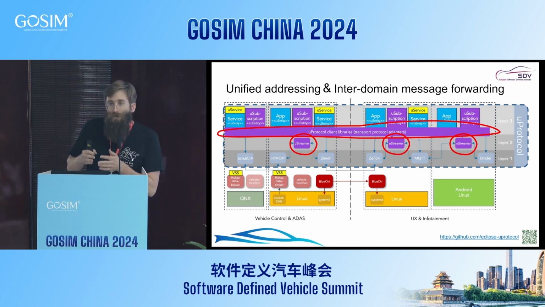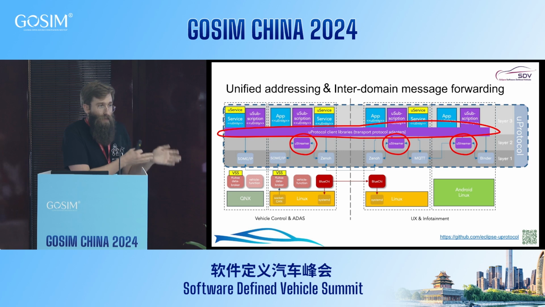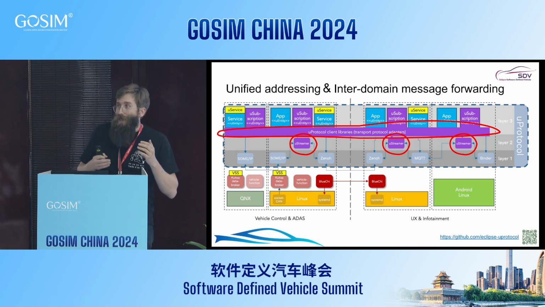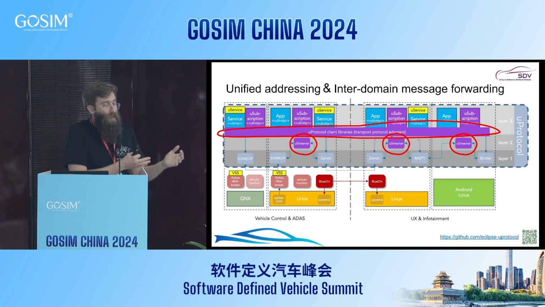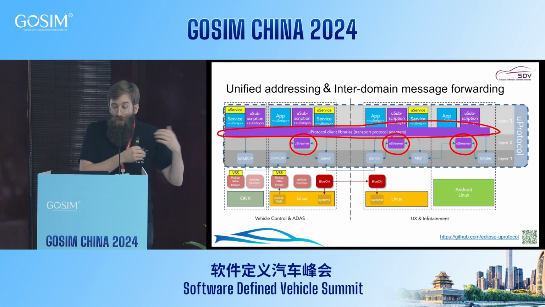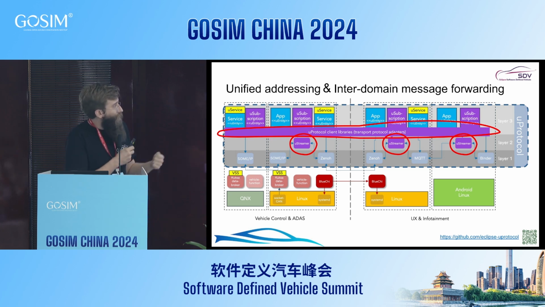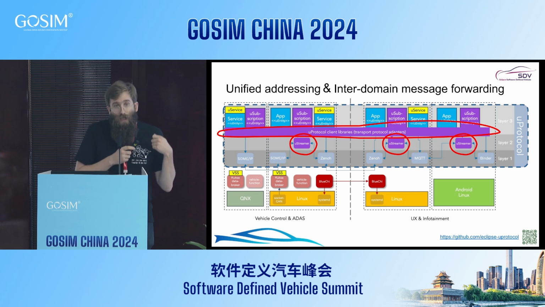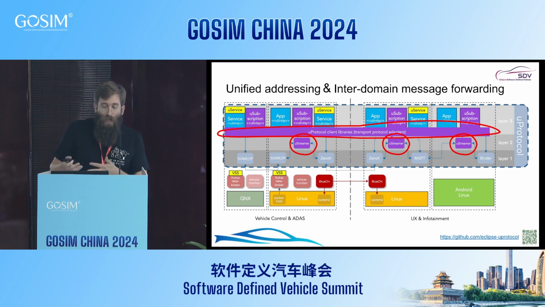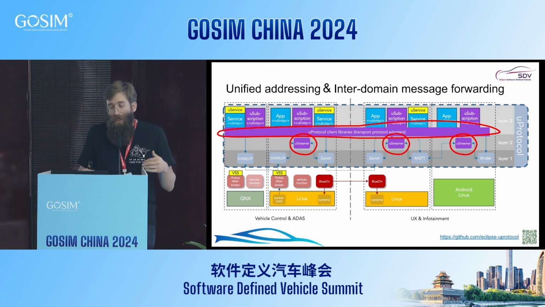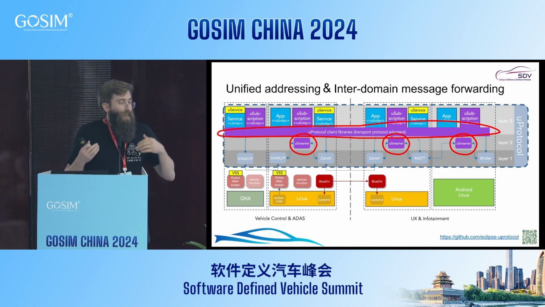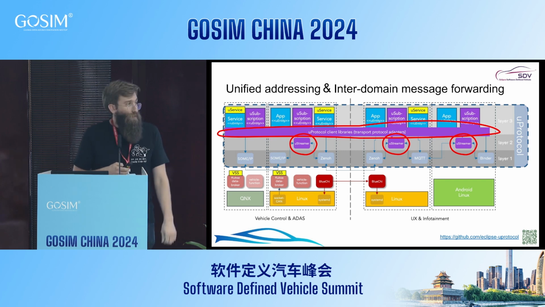I don't want to write my app, which is communicating to the brake controller, in a way that's tightly coupled to SOME/IP. You just want to say, I want to send a message to brake. The uStreamer has a pluggable architecture where we can plug in a SOME/IP transport and a Zenoh transport. Then when the app on the ADAS compute says, hey, brake, the streamer is configured to know how to communicate that down to the brake controller.